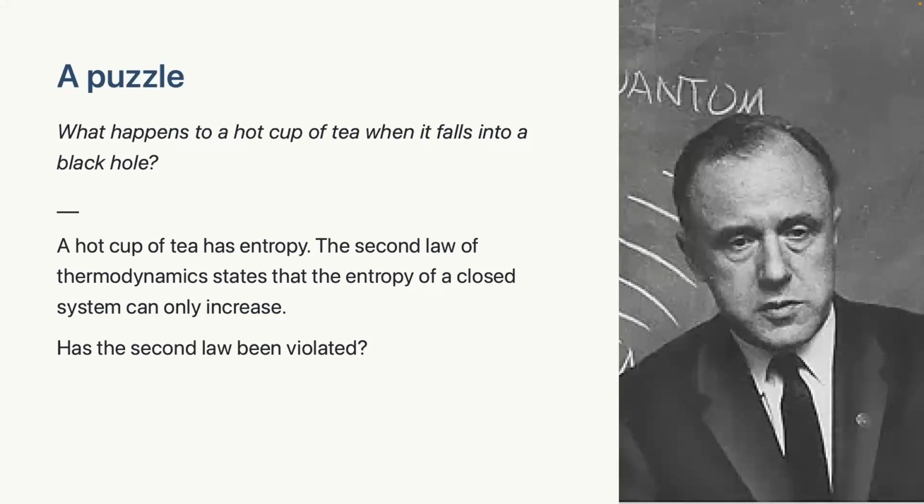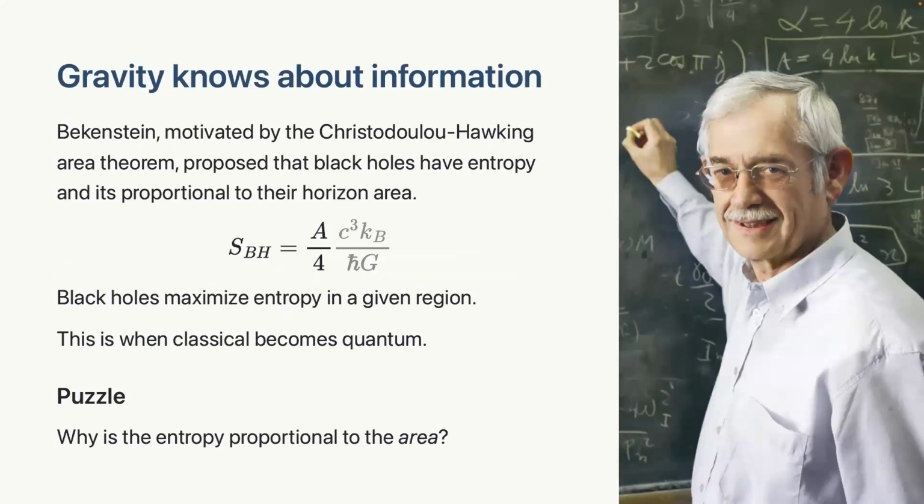But there is a reason to take the second law seriously, and in fact, Bekenstein, one of Wheeler's students, recognized that, and he argued, okay, I want to save the second law of thermodynamics. During that time, when Bekenstein was Wheeler's student, there was another relativist, Christodoulou. He was also Wheeler's student, and Christodoulou and Hawking were working on the classical area theorems in classical general relativity.